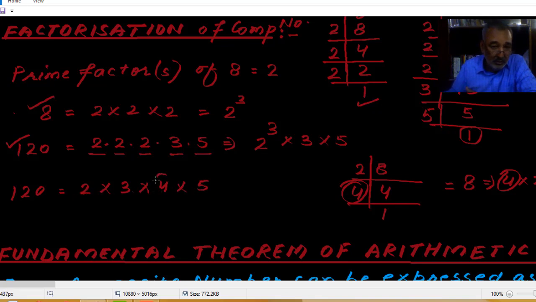No, I'm using 4 here. So this is not the correct method to express 120 as a product of primes. I think now you are clear why I am not taking 6, why I am not taking 15, why I am not taking 10, and so on.